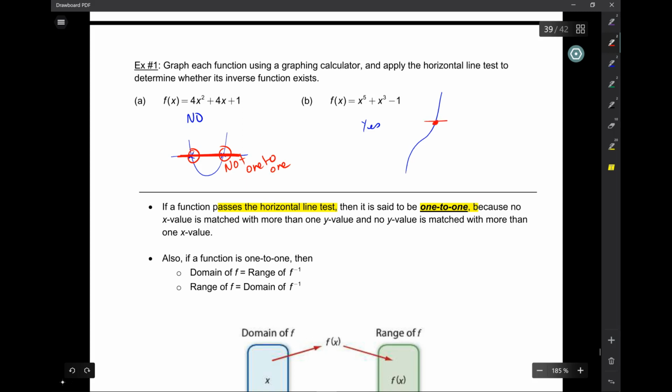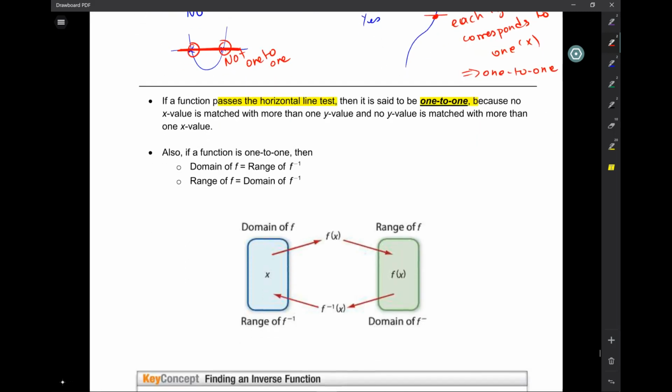Here, each value of y corresponds to one x. So that is 1-to-1. Okay? So functions that are 1-to-1 have an inverse function. So that's a new word for you, 1-to-1.